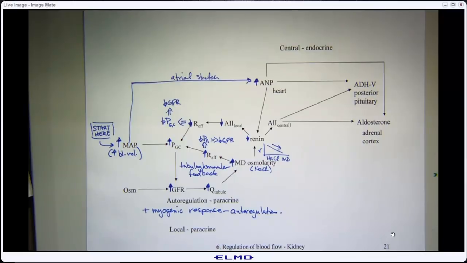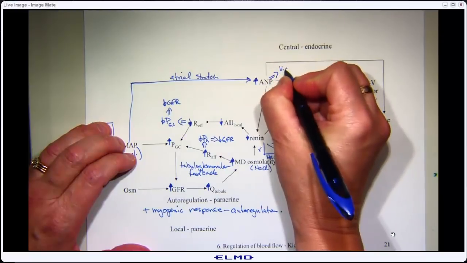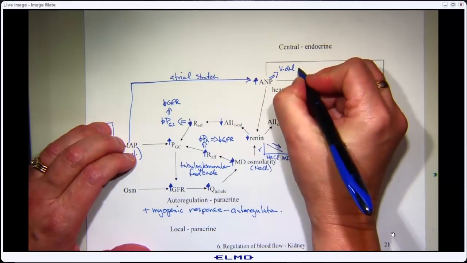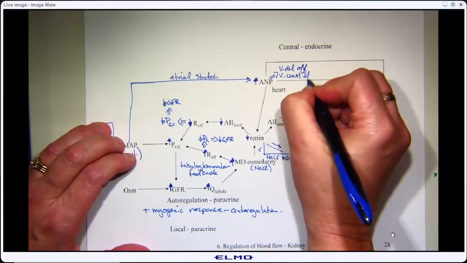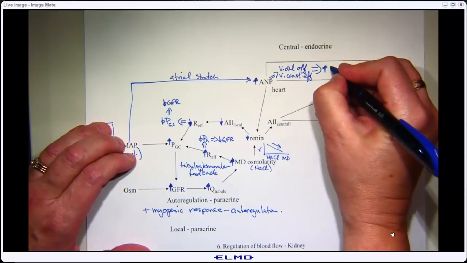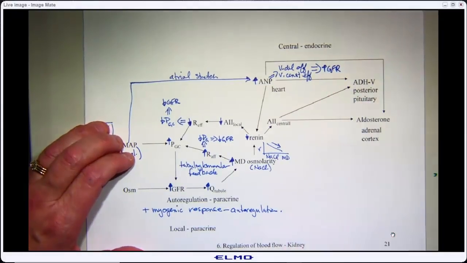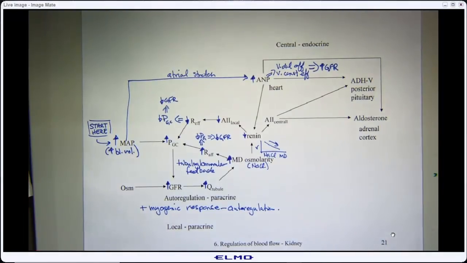What did atrial natriuretic peptide do? Vasodilated afferents, vasoconstricted efferents. Okay, and what does this do? Increase GFR.